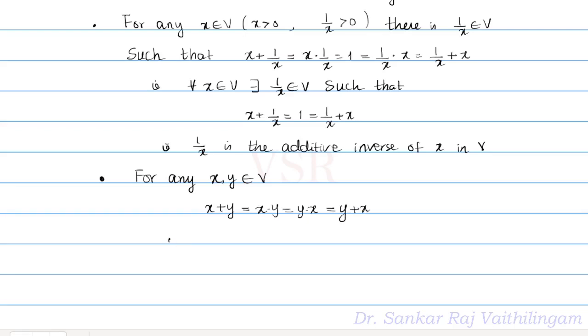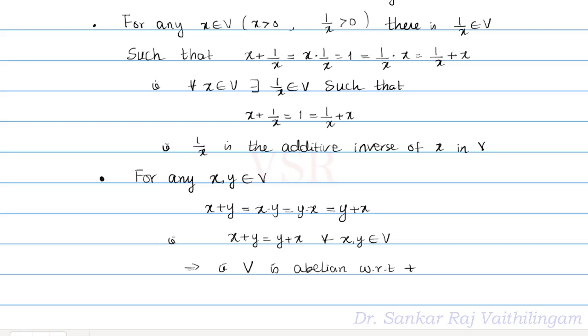That is x plus y equals y plus x for every x comma y belongs to capital V. So this implies that capital V is abelian with respect to addition.